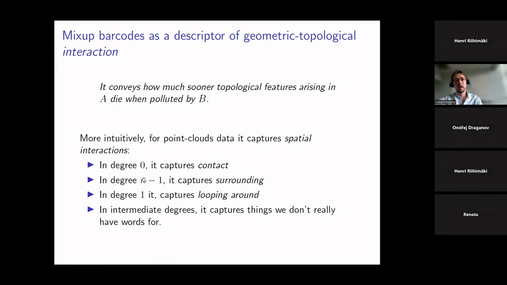In degree 0, to some extent, they capture some kind of contact or separation between those two pieces of data. And for me, the interesting case is actually high-dimensional data and those intermediate homological degrees. It's hard to imagine what's happening there. We have words and intuitions about those different relationships, those different interactions in 3D.